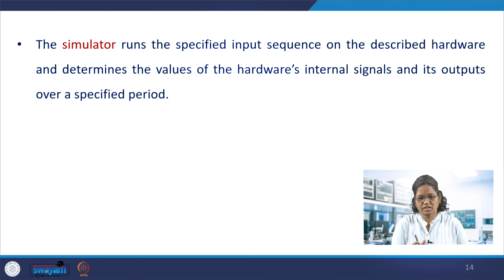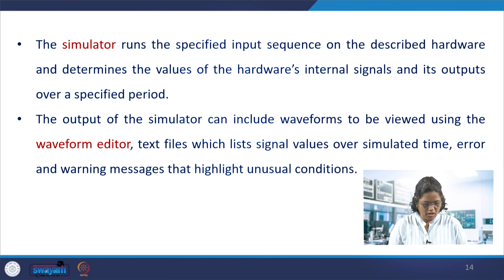Suppose input A is 1 for some time, and then it changes to 0. The B input is initially 0 and then it changes to 1. So what is the corresponding output in C? Over the specified period of time, the change in inputs will be determined by the simulator. And the output of the simulator, as I said, can be viewed in the waveform editor.